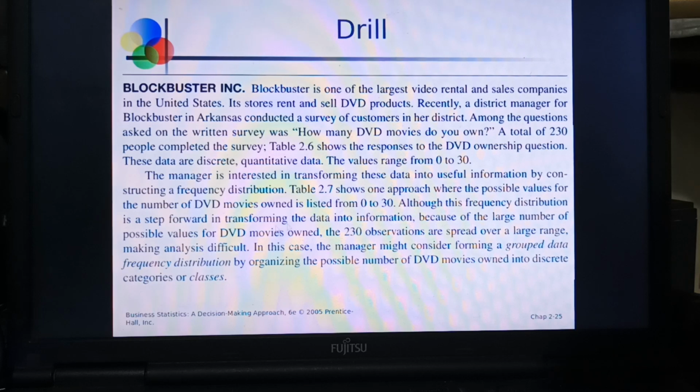Although this frequency distribution is a step forward in transforming the data into information, because of the large number of possible values for DVD movies owned, the 230 observations are spread over a large range, making analysis difficult. In this case, the manager might consider forming a grouped data frequency distribution by organizing the possible number of DVD movies owned into discrete categories or classes.